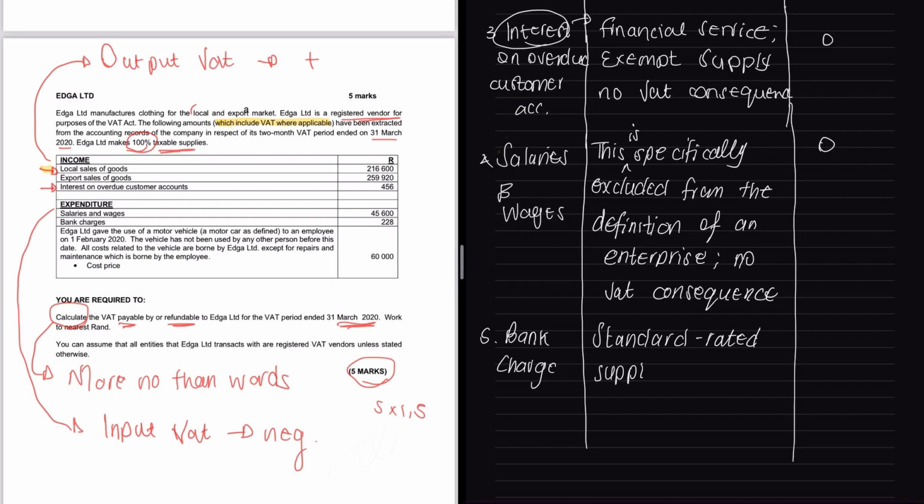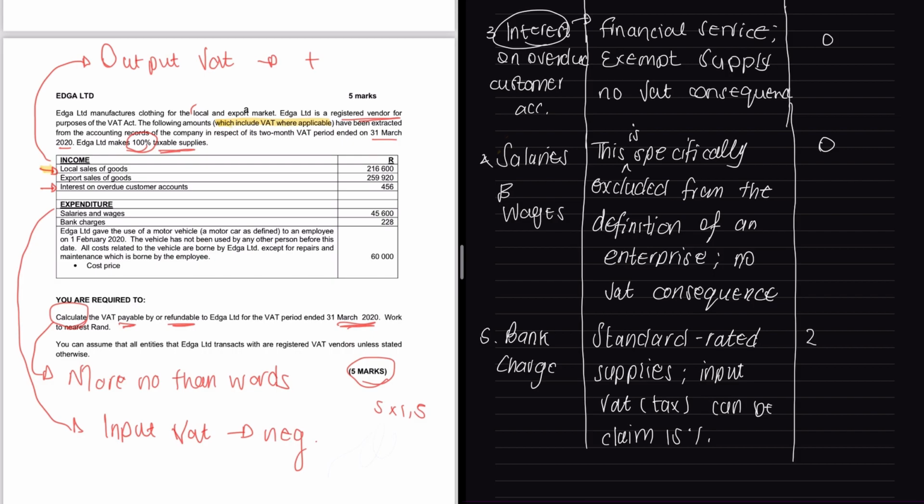We get bank charges on, for example, overdue accounts, but interest on the other hand is a financial service. It's how money is being made, either as interest income or interest expense. But bank charges are fees. For instance, if you're providing a service such as giving food, you have food fees or service fees. This is still a standard rated supply. It is a fee. So standard rated supply, therefore input VAT tax can be claimed at 15%.